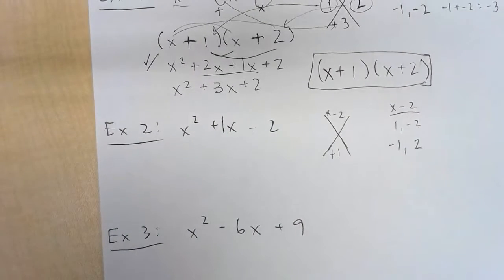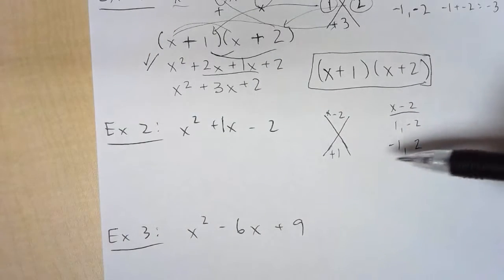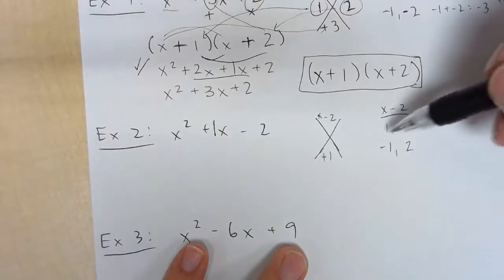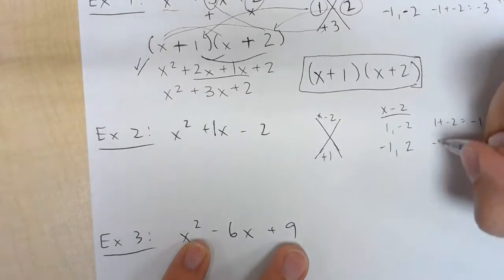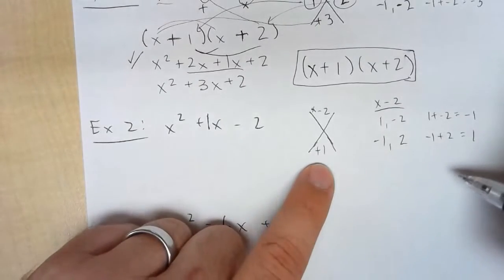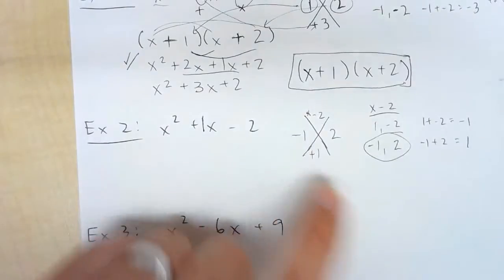So I need to figure out which of these adds to be my middle term, adds to my b. So it looks like 1 plus negative 2 is negative 1, and negative 1 plus positive 2 is positive 1. Looks like I want my b to be positive 1, so I'm looking at the second row, so I'm going to use negative 1 and 2.